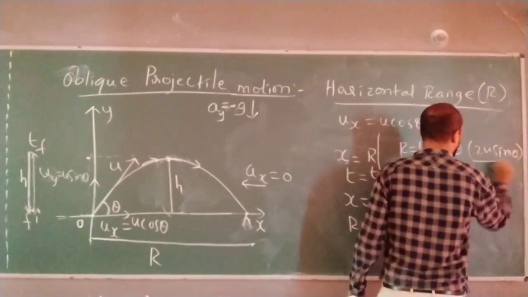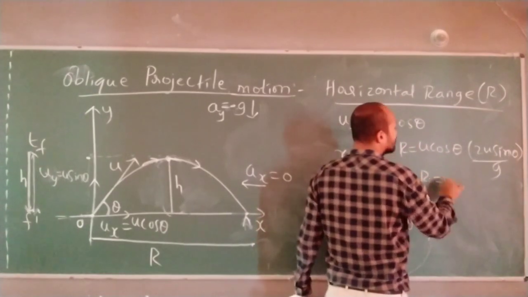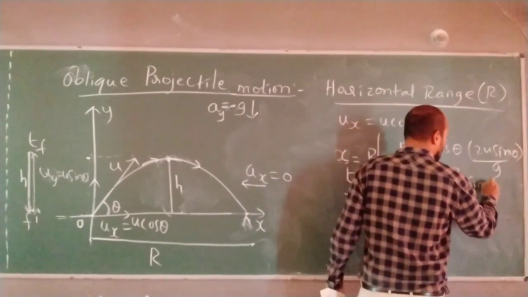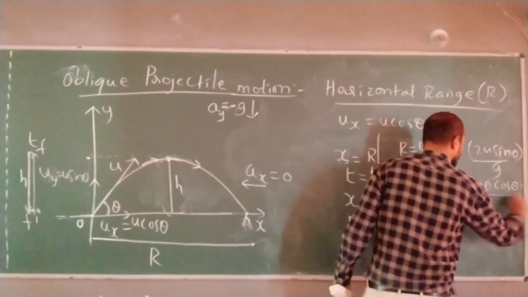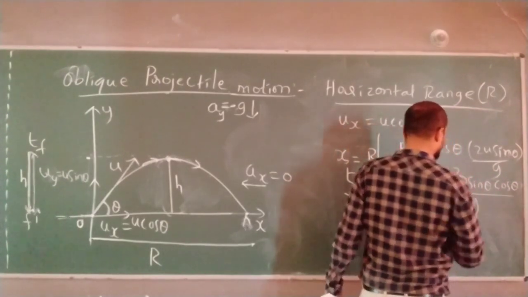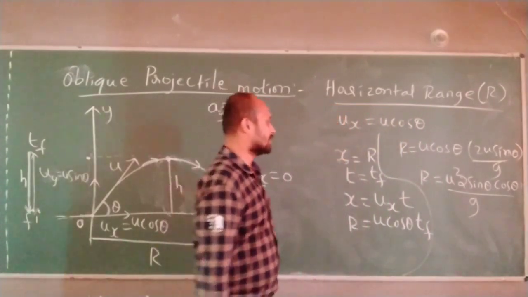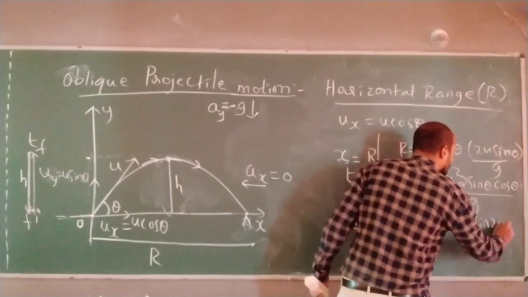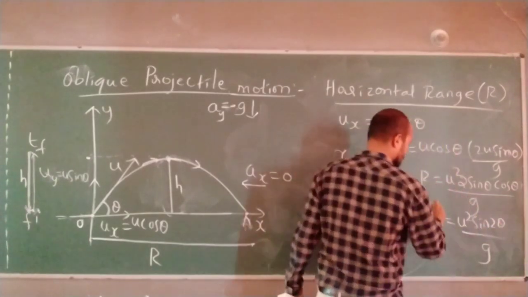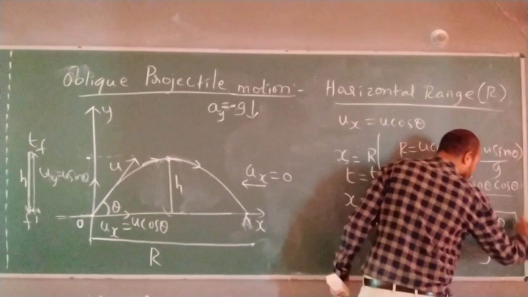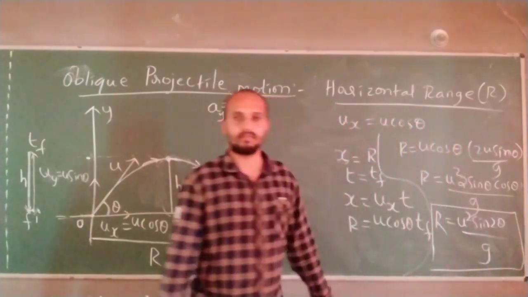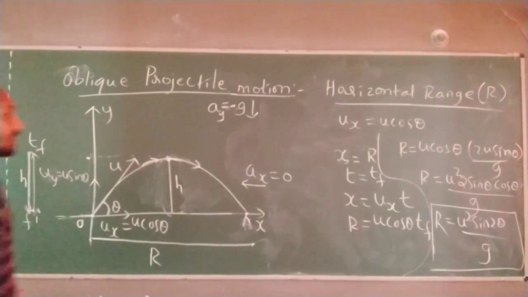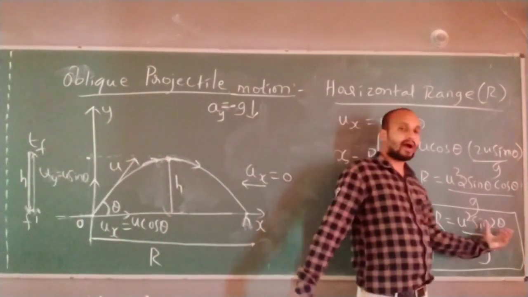So range will be equal to u square 2 sin theta cos theta by g. So range will be equal to u square sin 2 theta by g. This is one of the important statements which we have written: range is equal to u square sin 2 theta by g.